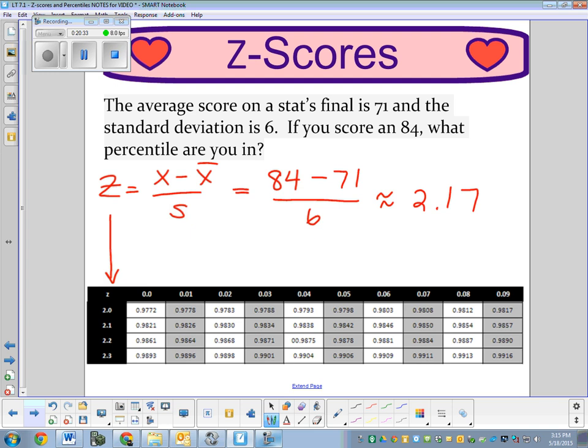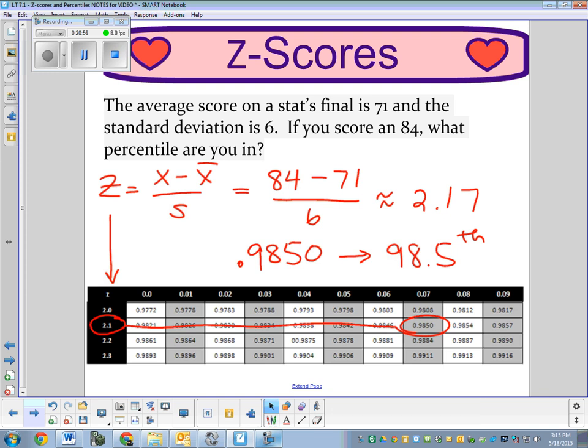So, when we look this up on our table, 2.17, we get 0.9850, which means you are in the 98.5th percentile. You did better on your final than 98.5% of all of your peers who also took the final. That's what this means.